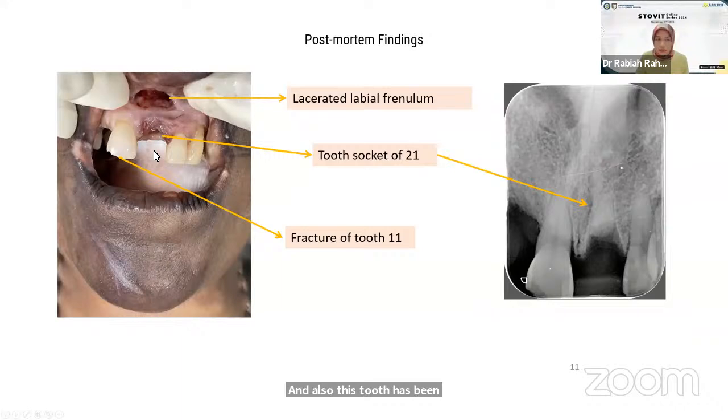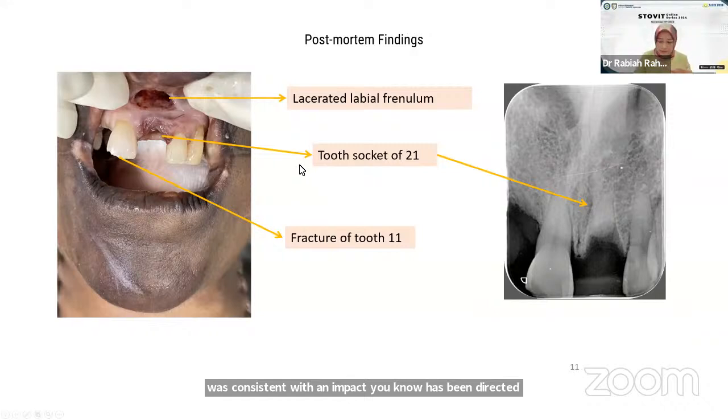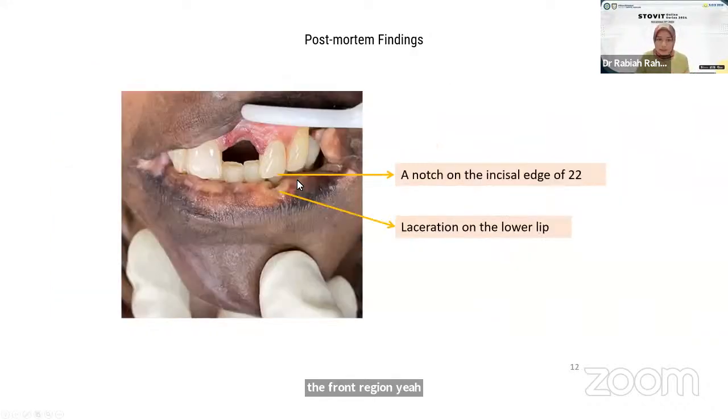I will explain this in detail later, but this finding was consistent with an impact directed at the front region. Next, you can see the lower lip is lacerated, and there's a notch of the incisal edge.